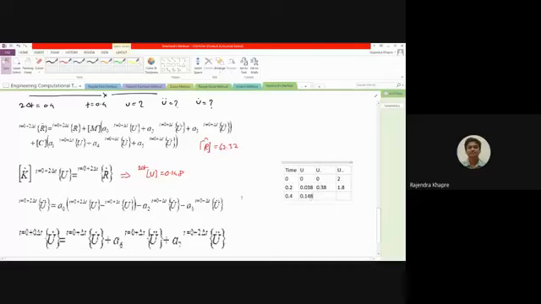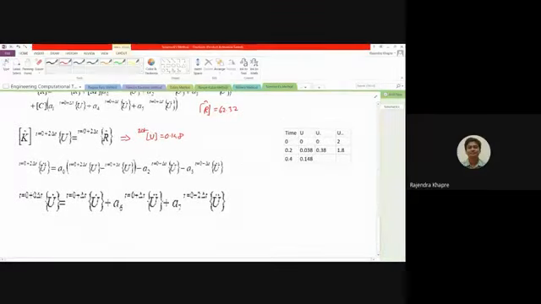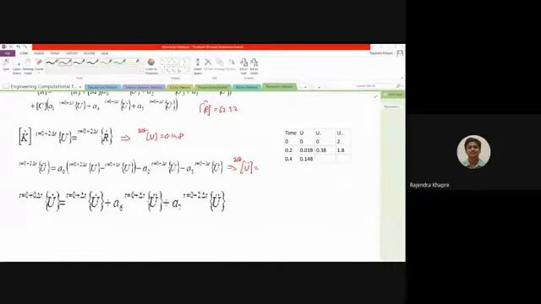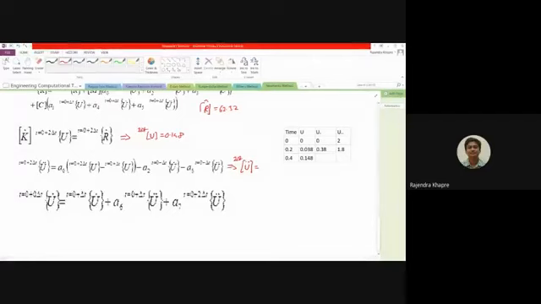Then you have to calculate the acceleration. Okay, so this is the expression for acceleration. Without acceleration, you cannot calculate the velocity. So anybody having the acceleration value? Anyone?